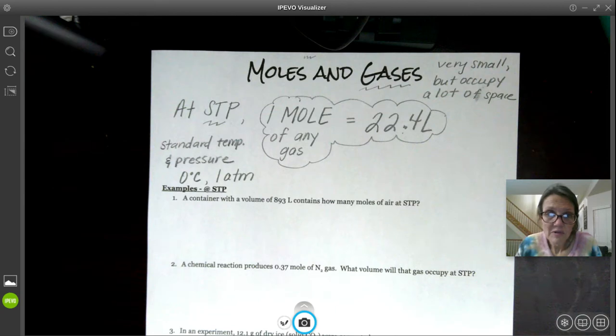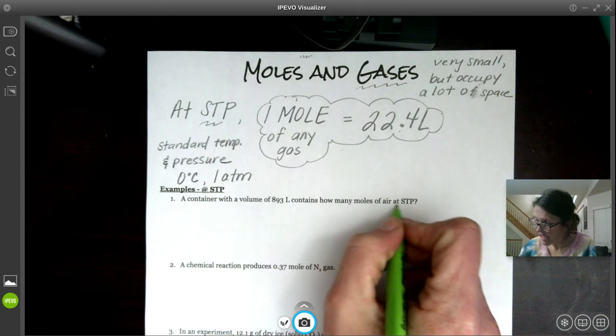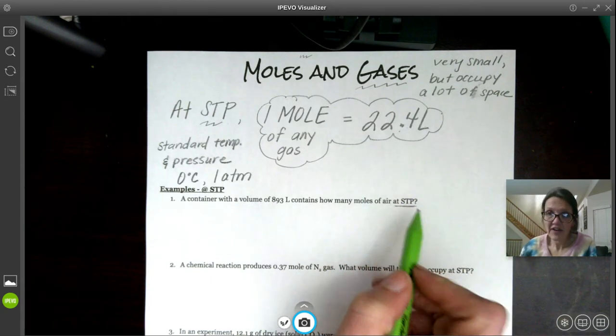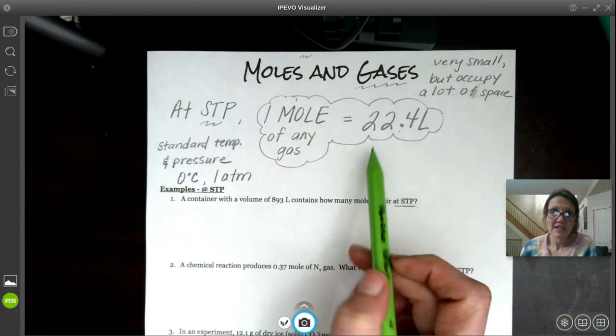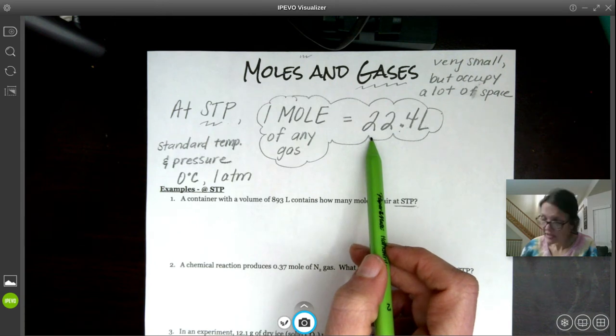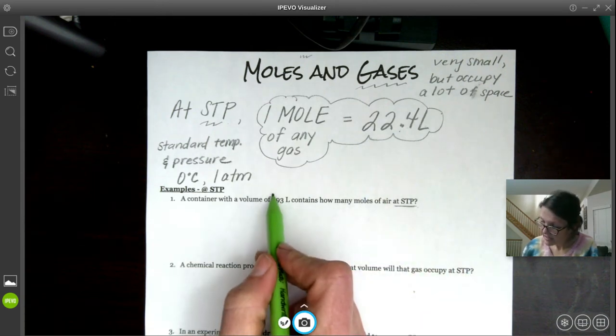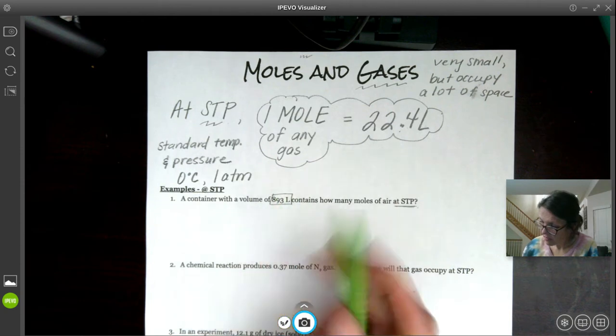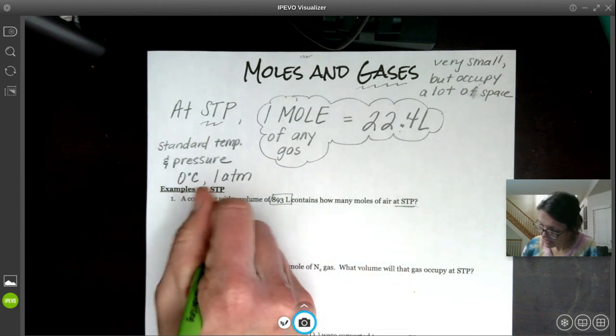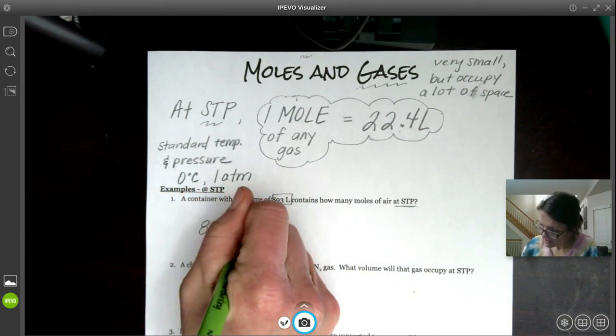So example number 1, it says that we have a container with a volume of 893 liters, and we want to know how many moles of air that is at STP. Okay, so it clarifies that it's at STP. So here's the conversion fact that we're going to use. Remember that our given is always the number that's in the problem. So the number that's in the problem is 893 liters.